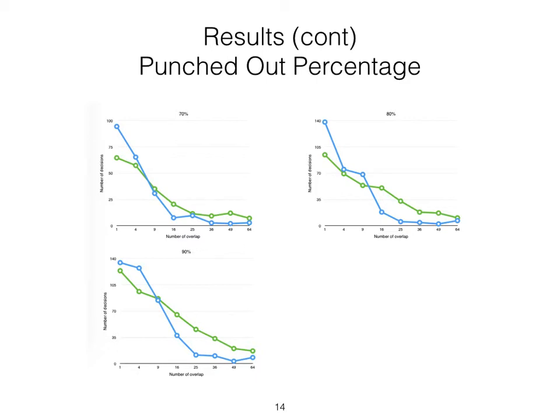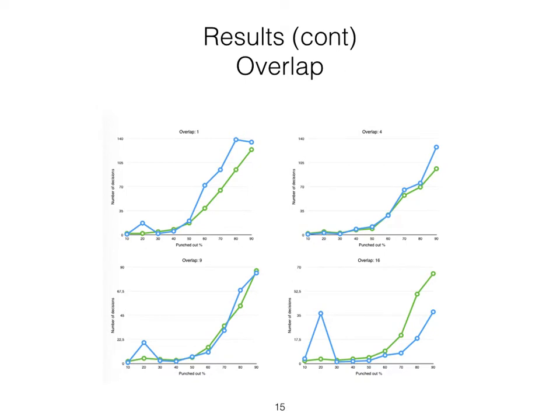We can also make another figure, and that is if we make a graph for each overlap, and then on the x-axis we have the punched out percentage, and on the y-axis we have the number of decisions. Here green is still the overlapping, and the blue line is still the separate sudokus. Here we can see that if the overlap is low, the form is almost the same.